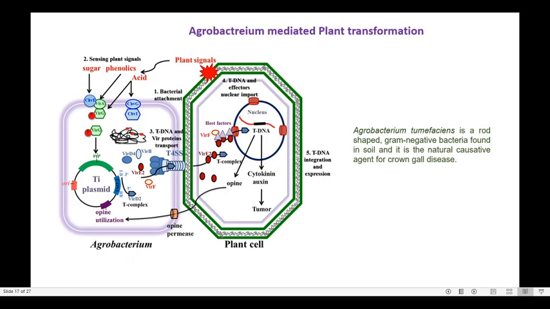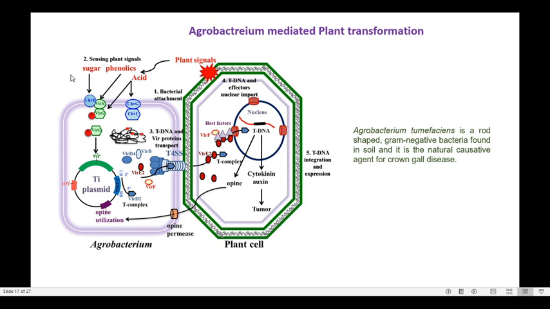The next method is the vector-based method, where Agrobacterium is used as a vector to transfer the transgene to the plant. Agrobacterium tumefaciens is a rod-shaped gram-negative bacterium found in soil. It is a natural causative agent for crown gall disease.